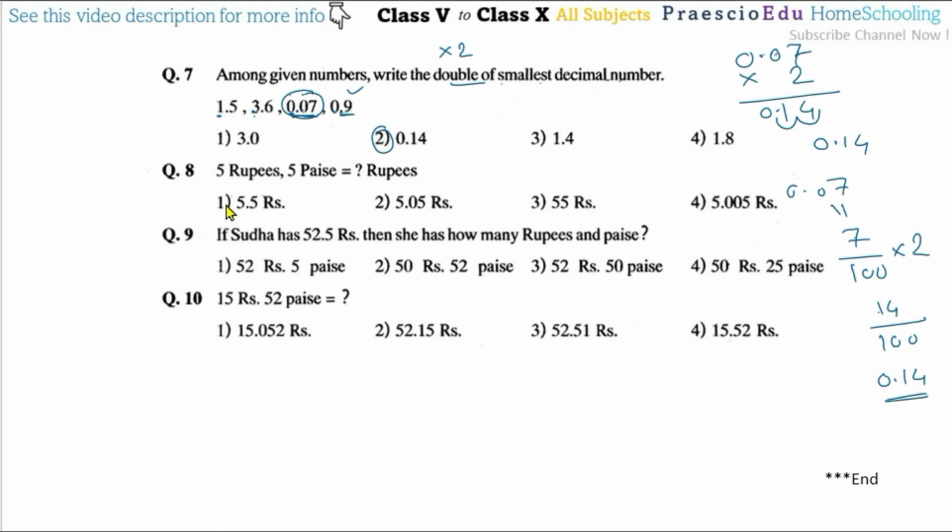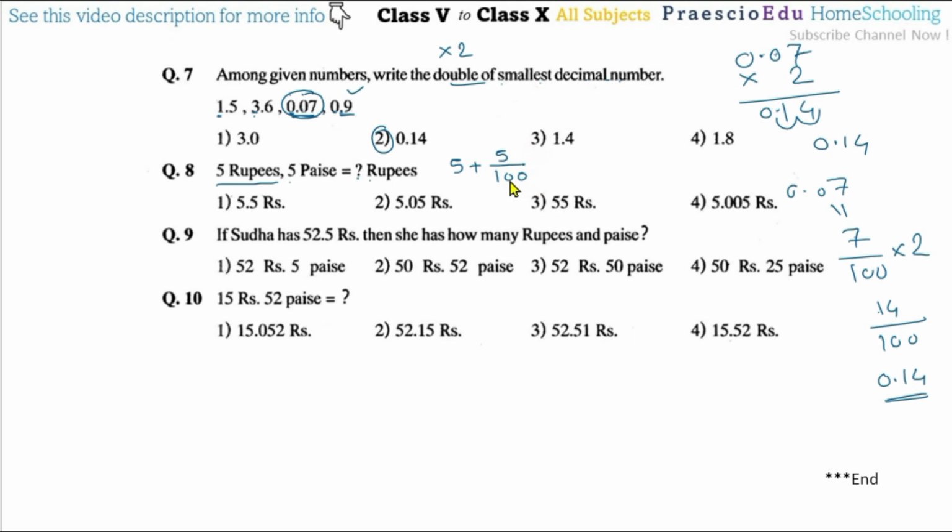Now question number 8, 5 rupees 5 paise is equal to how many rupees? Now 5 rupees is already given, so 5 as it is. Then as per the options we have to make it in decimals. So now 5 paise, plus 5 paise, we have to convert into rupees, which means dividing by 100.